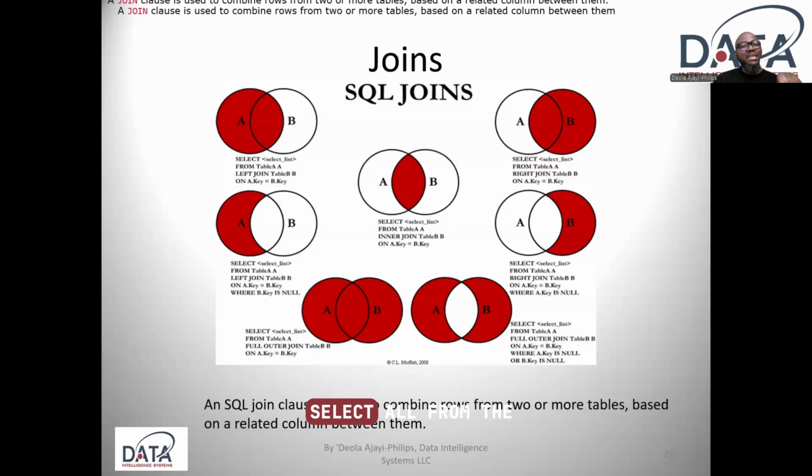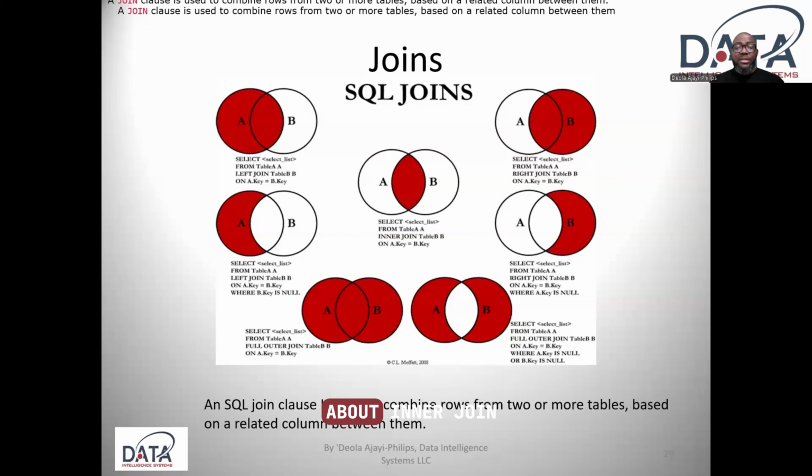So if I say select all from the customers table, left join the orders table, it's going to give me the list of all customers and it's going to give me what every customer ordered. So any customer who never ordered anything is going to show null. That means that customer never bought anything that day.